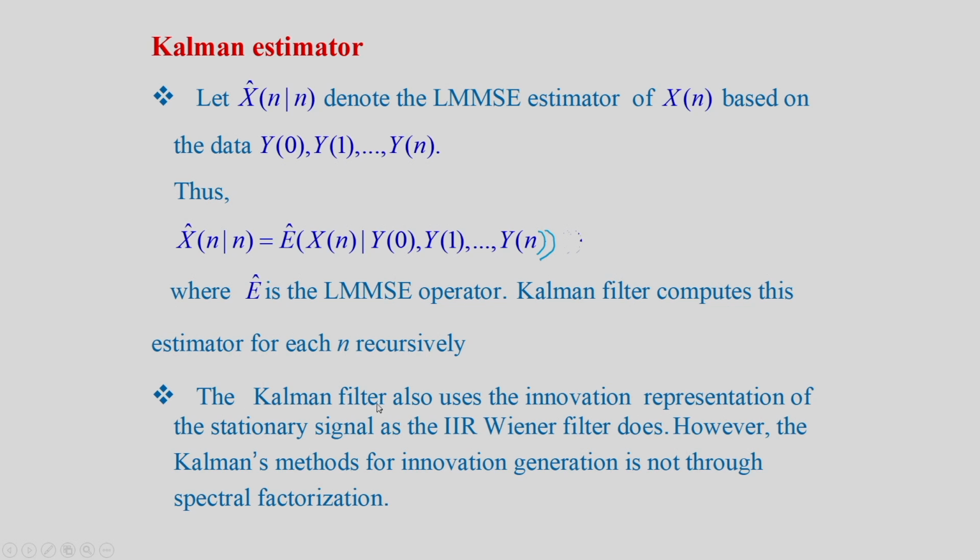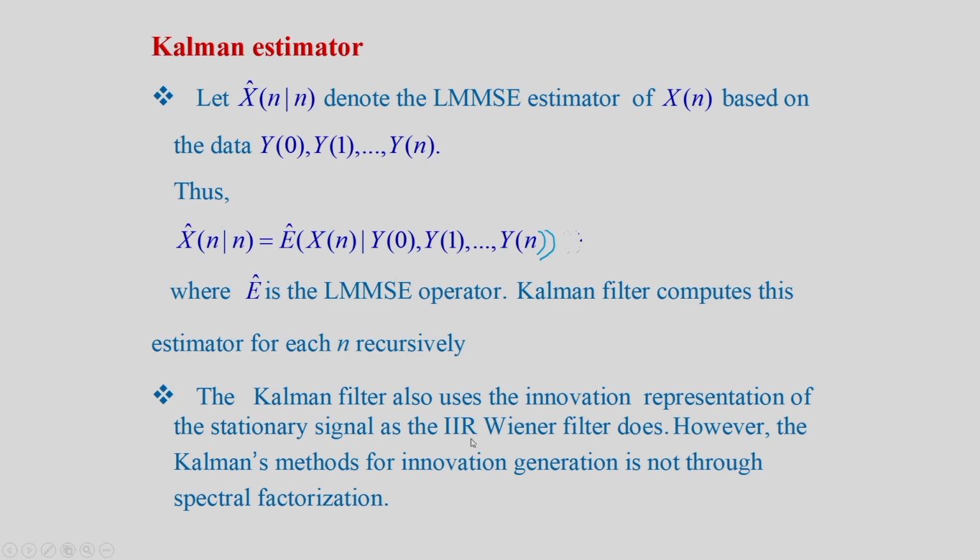The Kalman filter also uses the innovation representation of the stationary signal as in the IIR Wiener filter. So, we will derive the Kalman filter on the basis of innovation representation, but other derivations of Kalman filters are also available. However, Kalman's method for innovation generation is not through spectral factorization.